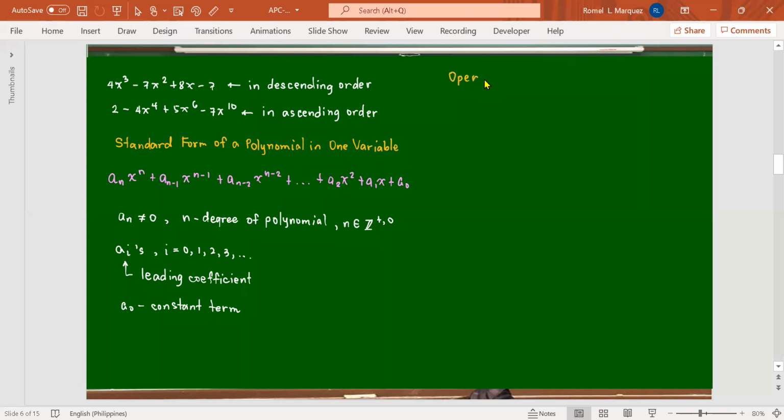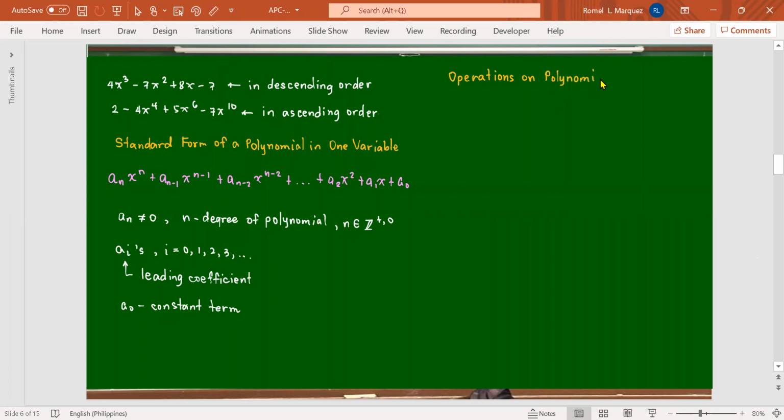Okay. Now, we can perform operations on polynomials, no? Operations on polynomials. Because polynomials are algebraic expressions, and we know that algebraic expressions represent real numbers because involving variables and constants, and variables represent real numbers. So, same with polynomials. So, polynomials also represent real numbers.